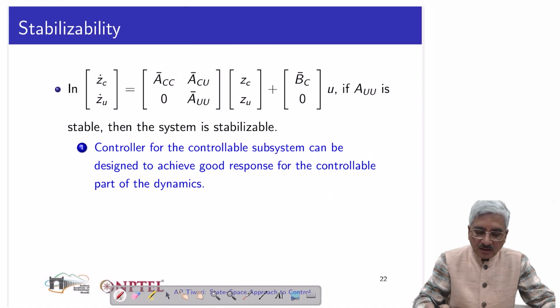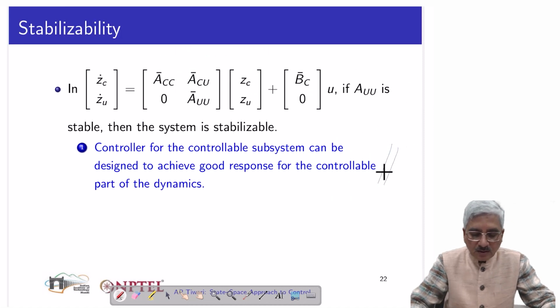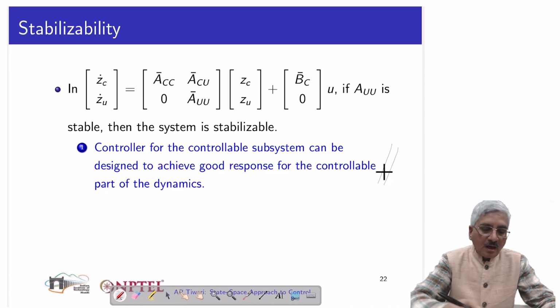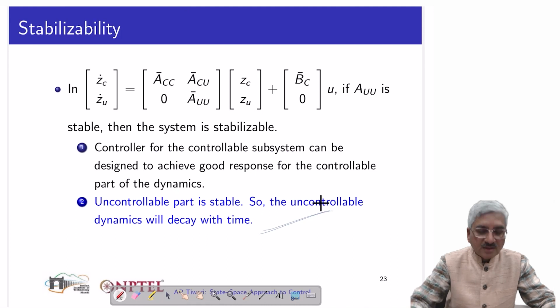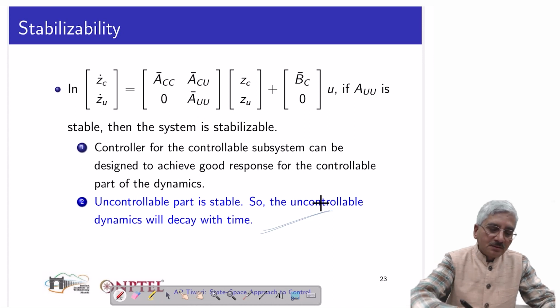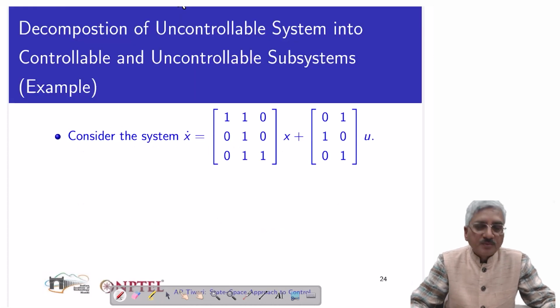So the controller for the controllable system can be designed to achieve good response, or in a limited sense good response, and the uncontrollable part dynamics will decay with time, so the overall system has near performance specifications.